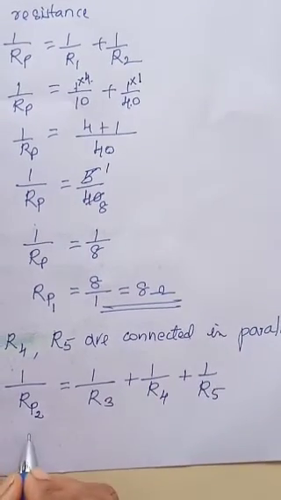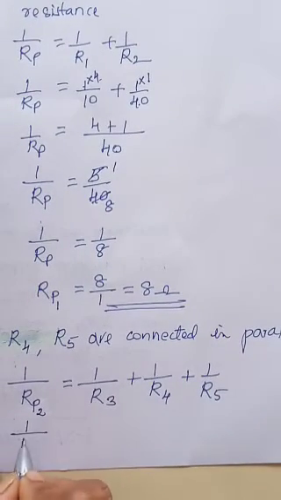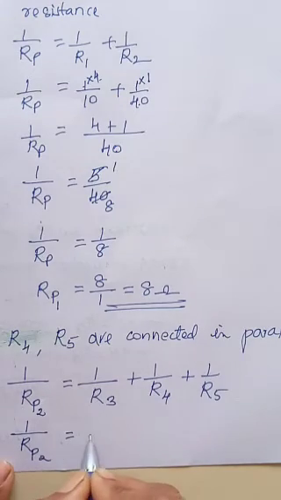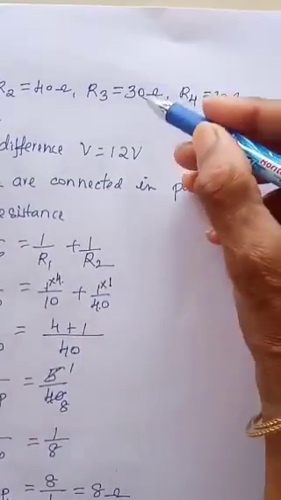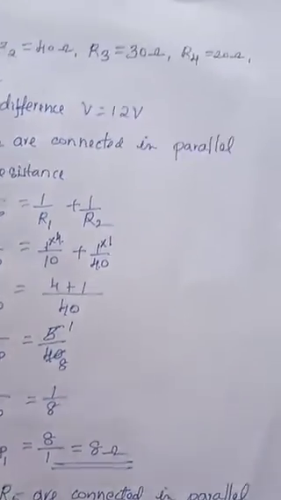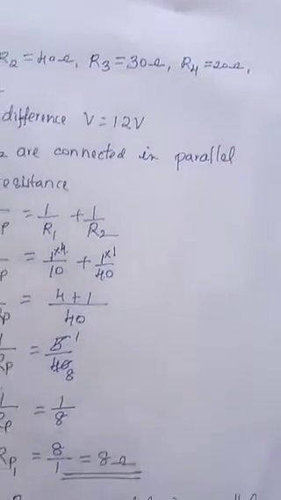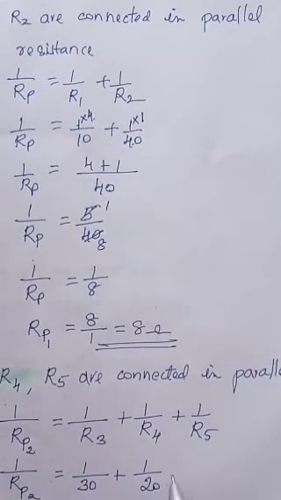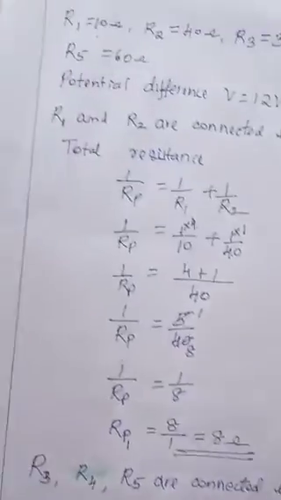Now substitute the values. 1 by Rp2 is equal to 1 by R3. R3 is equal to 30 ohm plus 1 by R4. R4 is 20 ohm plus 1 by R5. R5 is 60 ohm.